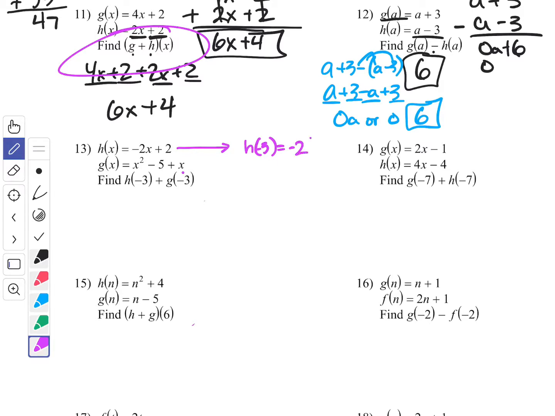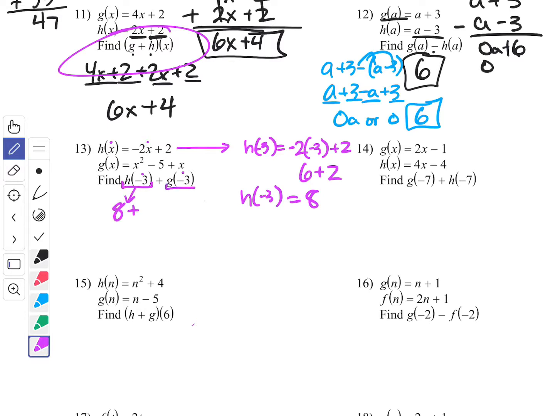So it'd be negative 2 times negative 3 plus 2, right? Everywhere there's an x, I replace with the negative 3. So then I evaluate. Negative 2 times negative 3 is positive 6. Positive 6 plus 2 is 8. So h of negative 3 equals 8. So I know h of negative 3 is going to be 8.